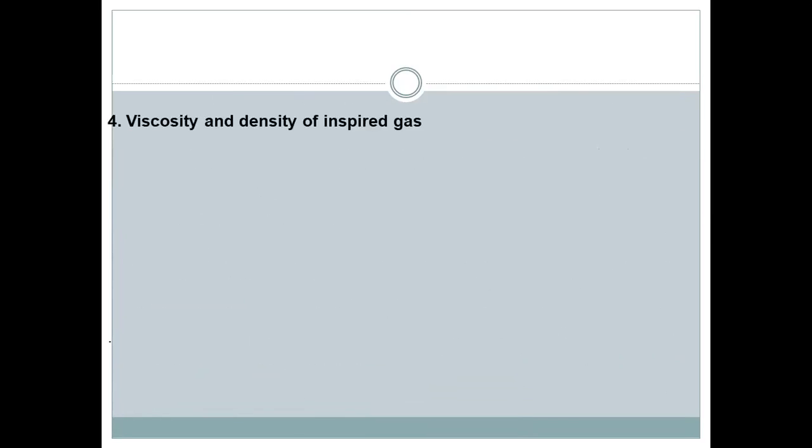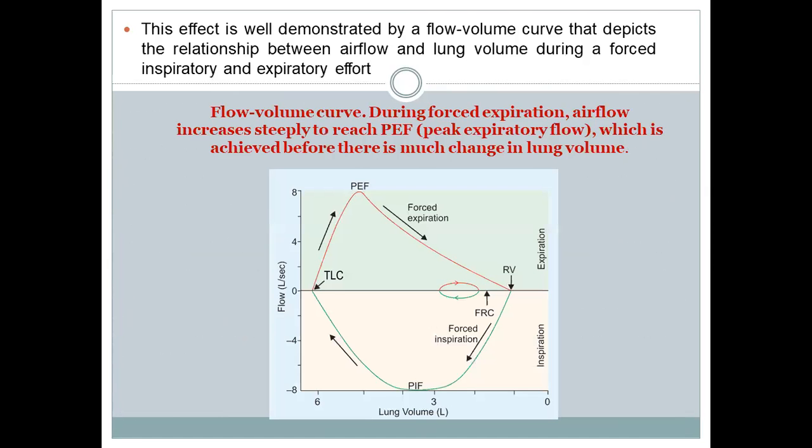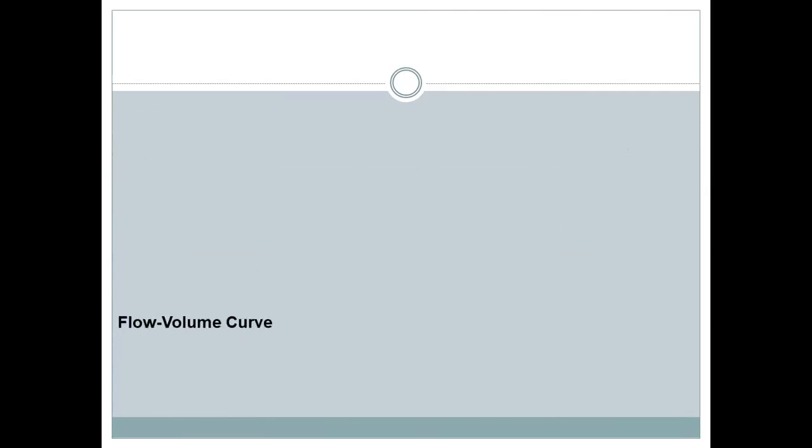The fourth important factor is viscosity and density of the inspired gas, which you have to see carefully. And the fifth important factor is phases of respiration. But again, not in quiet breathing; in forceful respiration, you have to keep in mind that the resistance is going to be affected in these phases of respiration.